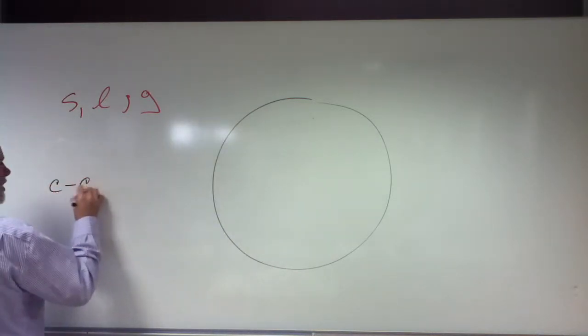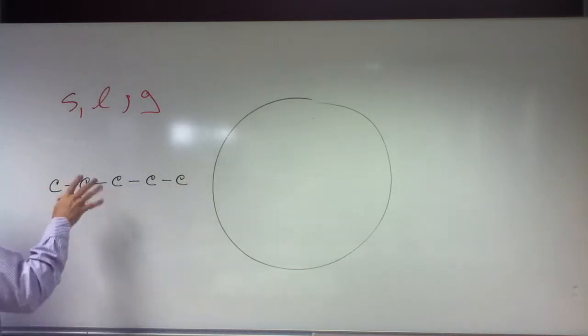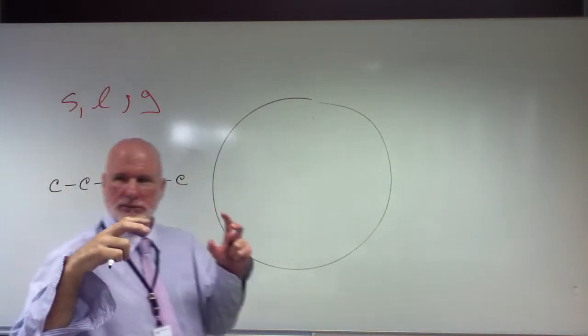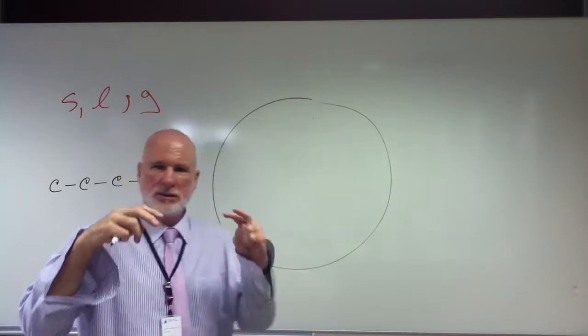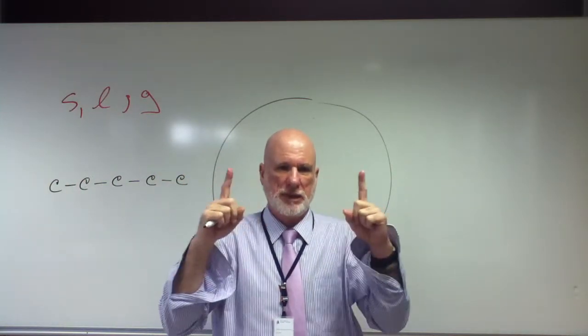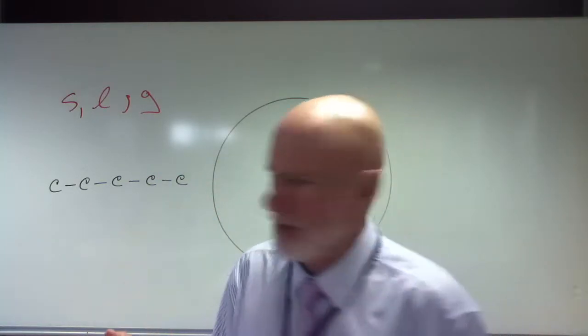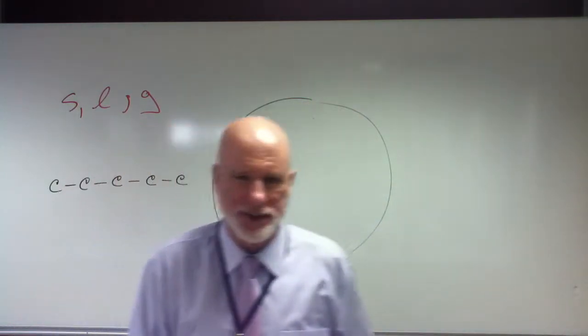So here's carbon. Let me make a chain of carbons. I'm going to make a small chain. The chain can be large, but I'm going to make a small chain. Just ignore me, it's actually many carbons. I'm just trying to make a point.